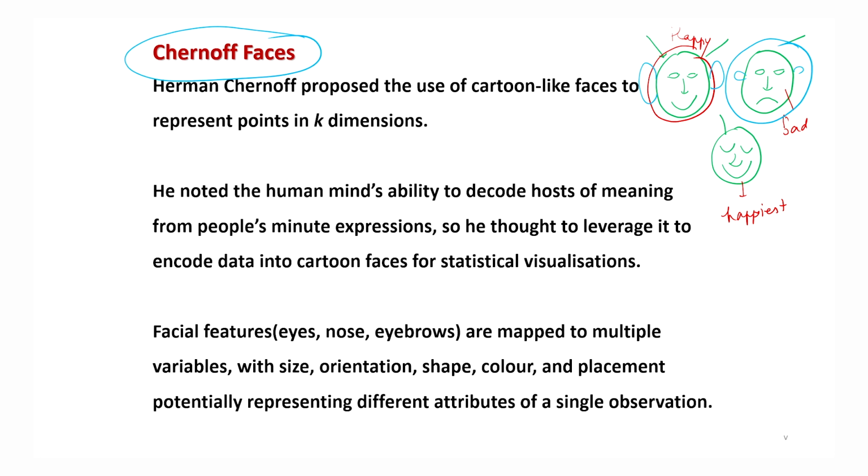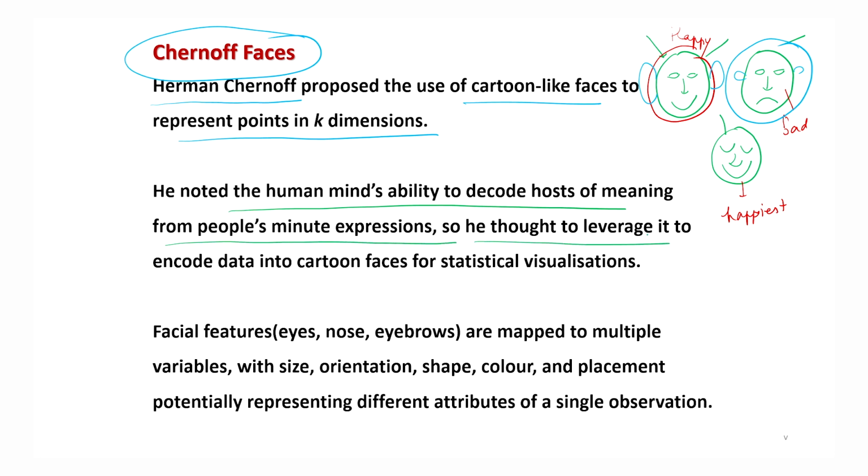Because these faces were proposed by Professor Herman Chernoff, and he proposed to use these cartoon-like faces to represent points in k dimensions. Definitely k is going to be some finite value. And he noted the human mind's ability to decode a host of meaning from people's facial expressions, so he thought to leverage it to encode data into cartoon faces for statistical visualization.